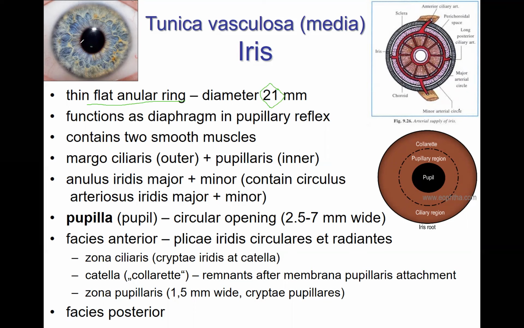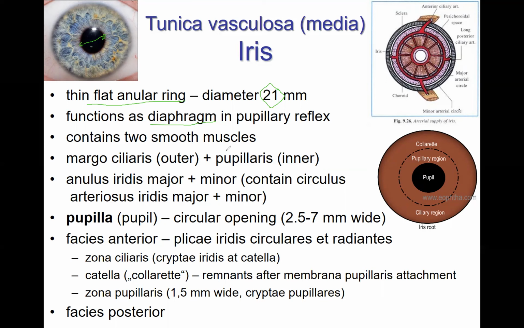What is the function? It forms this opening which interconnects the anterior and posterior chamber and allows the light to go in, and it works as the diaphragm of a camera, so it can be reduced in miosis or enlarged in mydriasis.